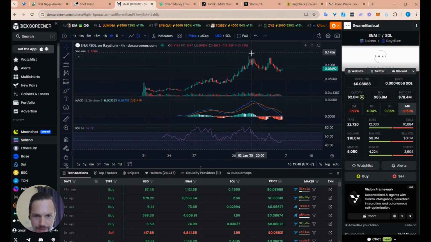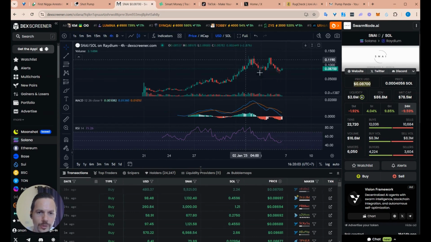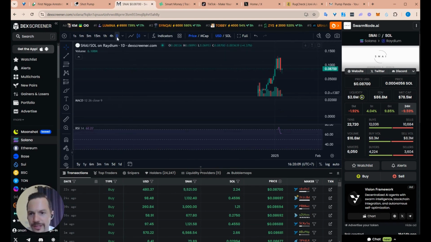Then it's up here again. Then it went down, but it's slowly coming back down, where you can say, okay, now could be a good time to get back into this coin. Then it went up and has cooled off a bit here. Again, that could be a good opportunity to invest. Ideally, it should also have dropped in the daily chart. Then it has already dropped.